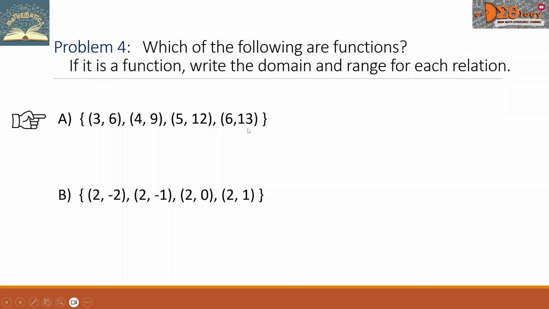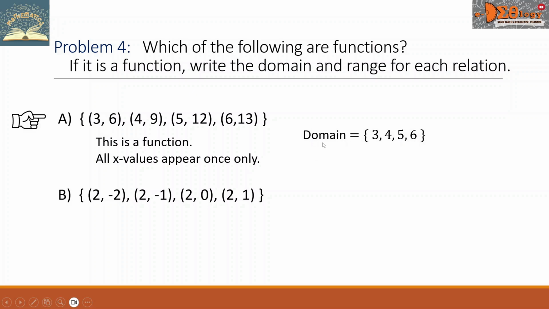Observing our relation, this is a function because all x values appear once only. For that, we are going to write the domain, and the elements are 3, 4, 5, and 6. For the range, the elements are 6, 9, 12, and 13.